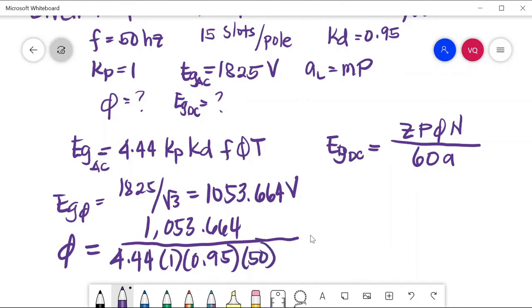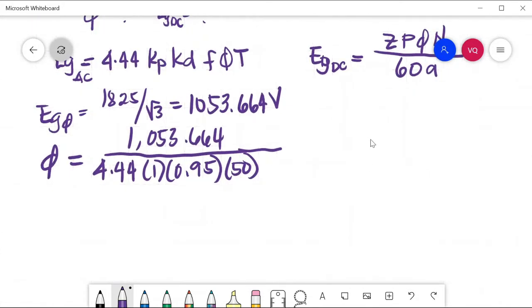So what about our number of turns? Diba T is equal to Z over 2. From our formula, Z is equal to 2T. What is the value of our Z conductor?